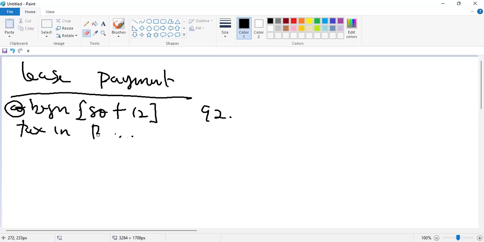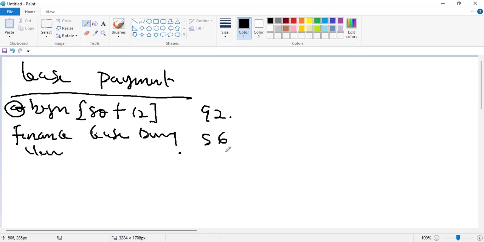The 56 they acquired on lease during the year. Finance lease during the year, 56.